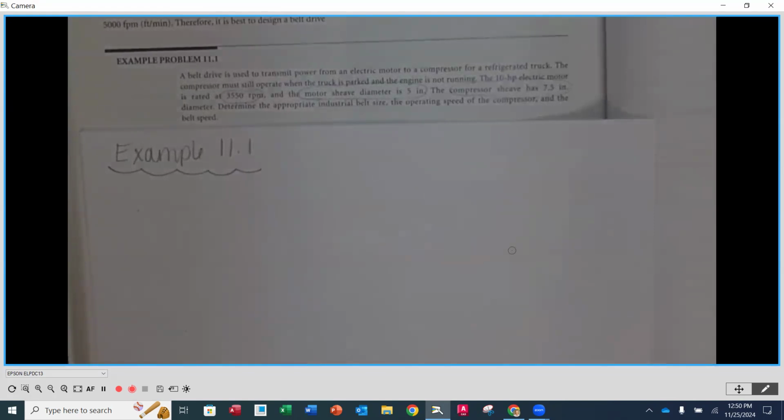Even if you're not exactly sure, based on what you know about units, on what you know of some of the variables, some of them we've talked about in other places already. Just take a stab at what you think the given information is. Like, do I know a W1? Do I know a W2? Do I know pitch diameters? Those types of things, and try to line them up based on what is given in this problem.